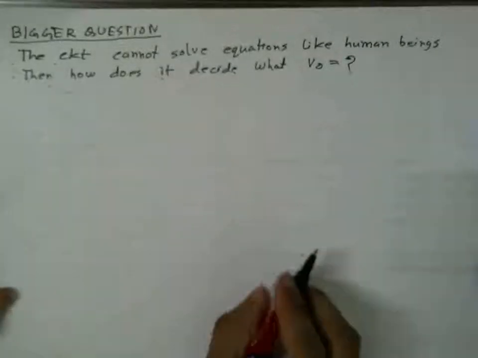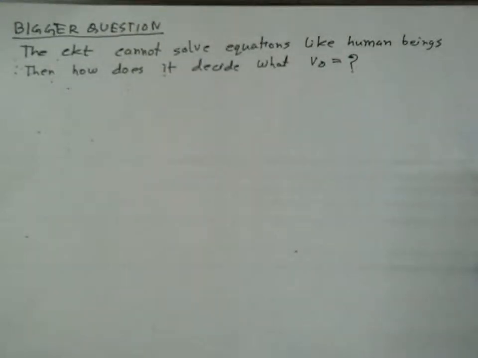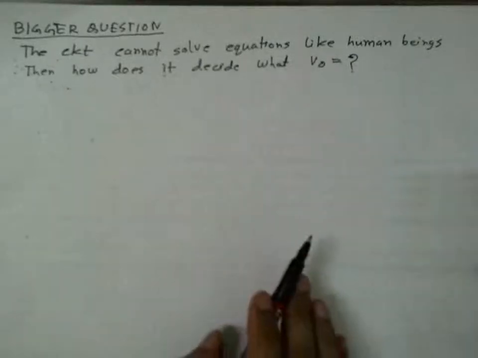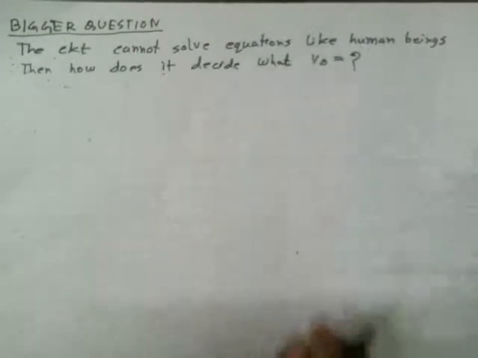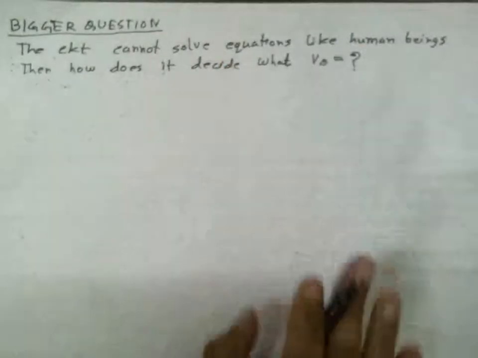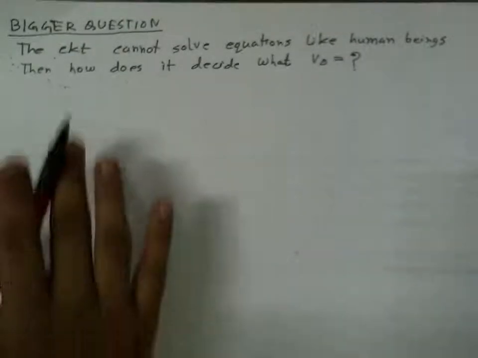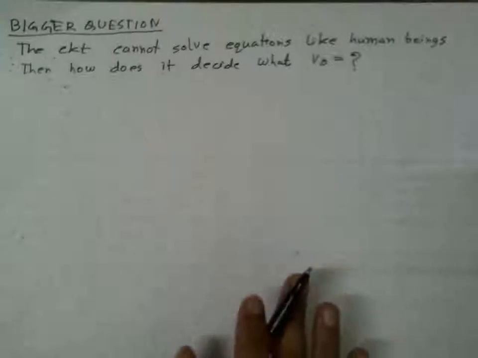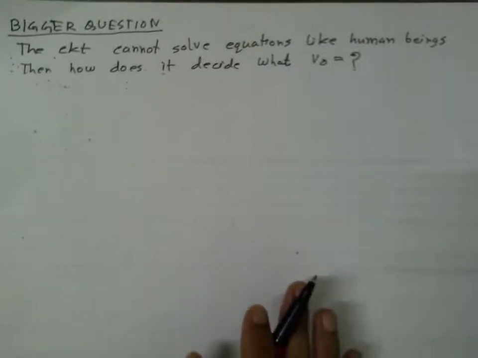Because the circuit is not a human being, it doesn't have intelligence like us, so it cannot solve equations. So how does it actually decide VO? At this point this question might seem a bit vague, but I believe as we continue our discussion, this question will become more and more clear to you.